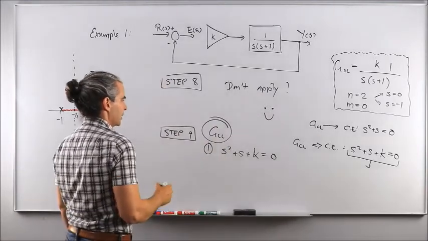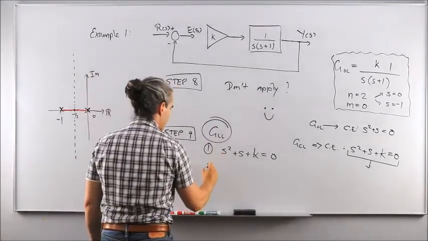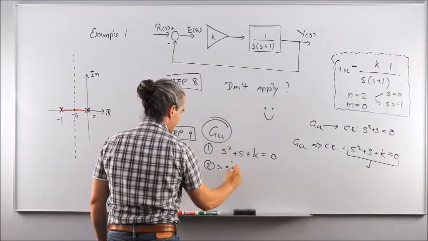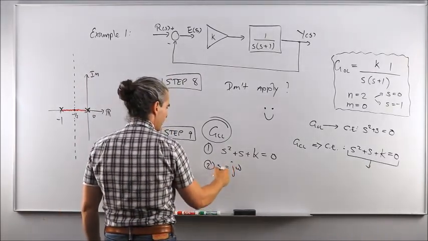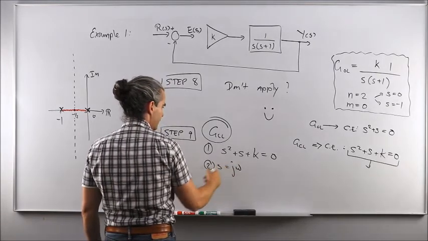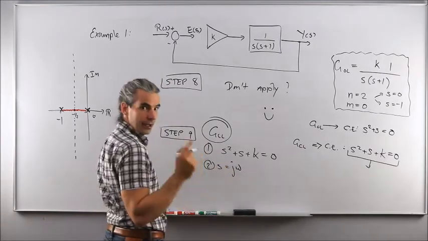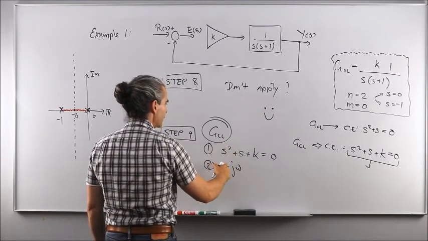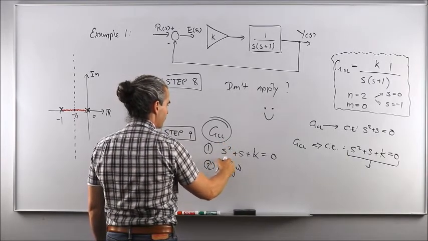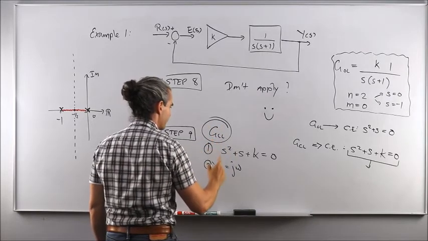And then what you do is that you replace the S variables with j omega, where you need to remember that j is the equivalent of square root of -1, such that when you end up with S squared, the square of square root of -1 will give you -1, okay?